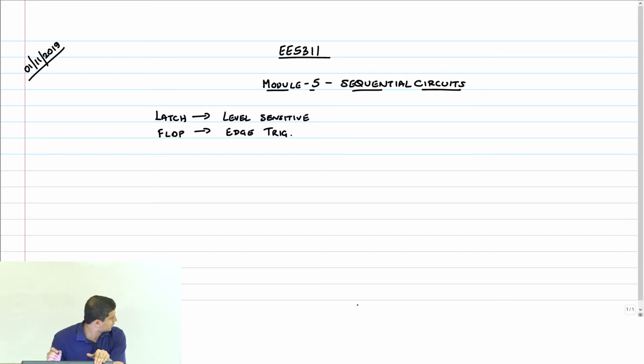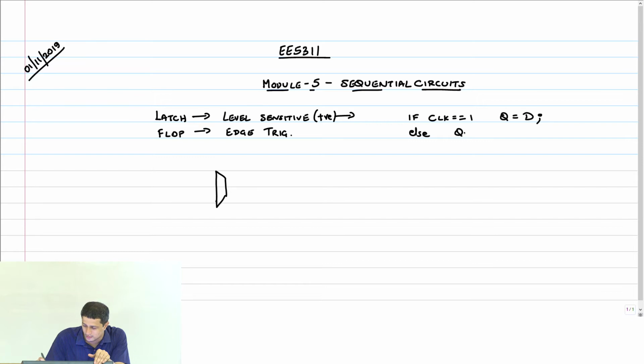Okay. So we also discussed one very simple implementation of a latch, which is using a multiplexer, right? By default it's a positive latch, sensitive to the positive cycle of the clock. So if clock equal to 1, then Q equal to D, else Qn plus 1 equals Qn, hold the state, right?